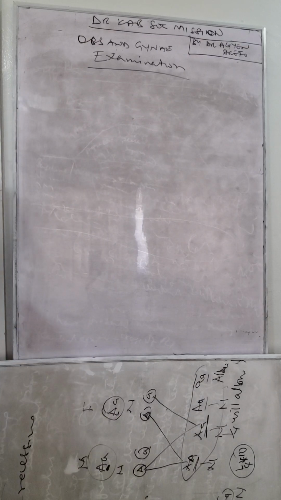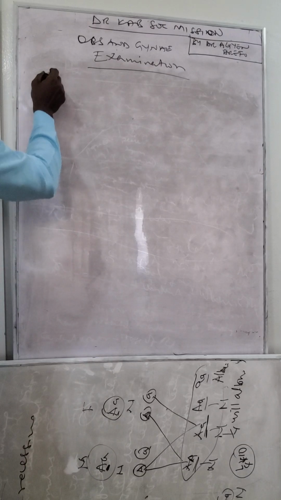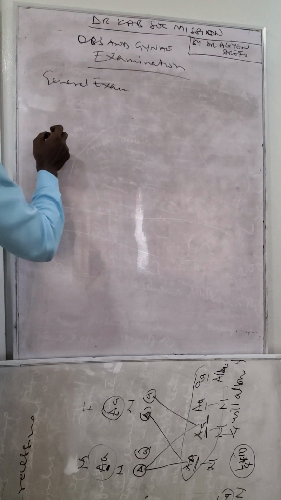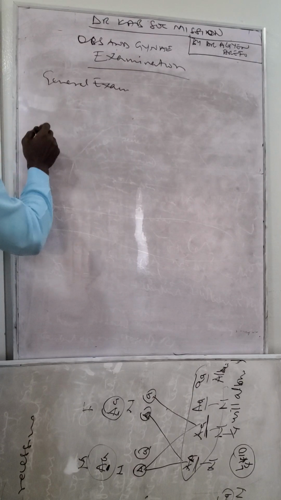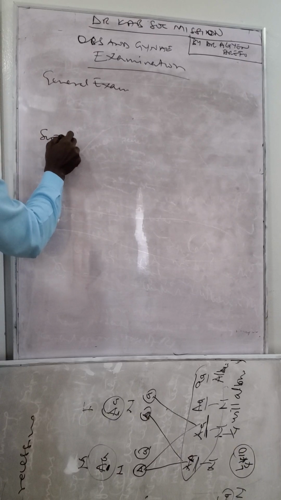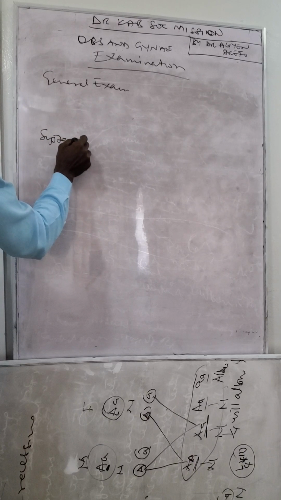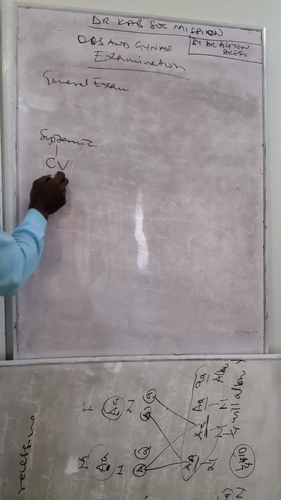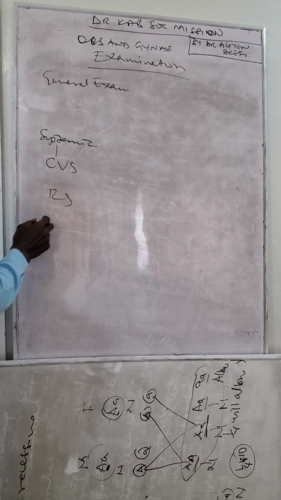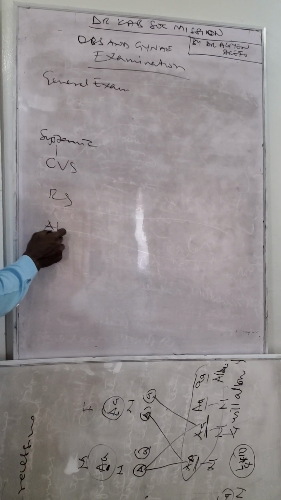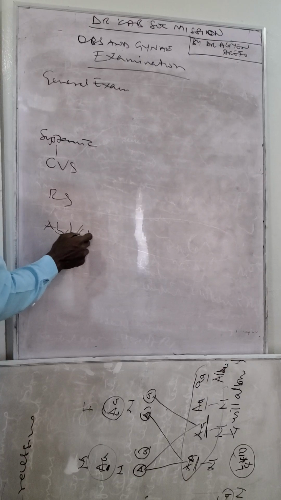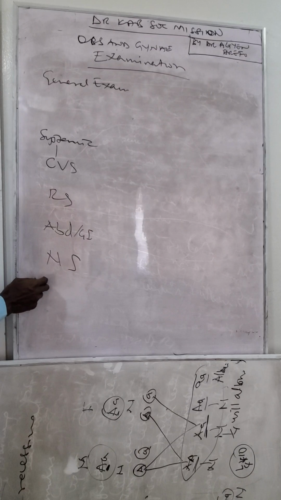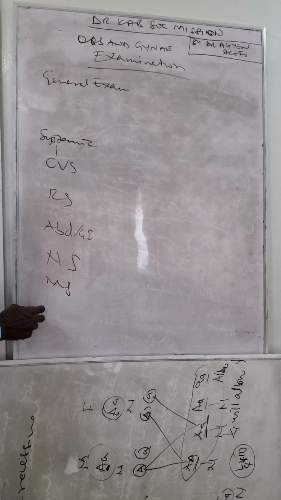In most simple terms, usually the examination can be general examination, then you come to your systemic examination. Here we have your cardiovascular, respiratory, abdomen or GI, nervous system, and musculoskeletal system.